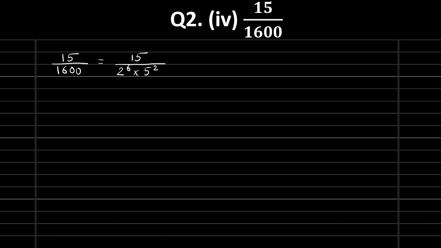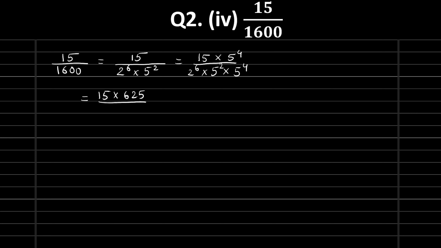How can we make that? Only if we multiply it with 5 raised to 4. So 2 raised to 6 into 5 raised to 2, we have to multiply with 5 raised to 4. Now that cannot be done only in the denominator. We have to do the same in the numerator as well. So this will give us 15 into 5 raised to 4, which is 625.